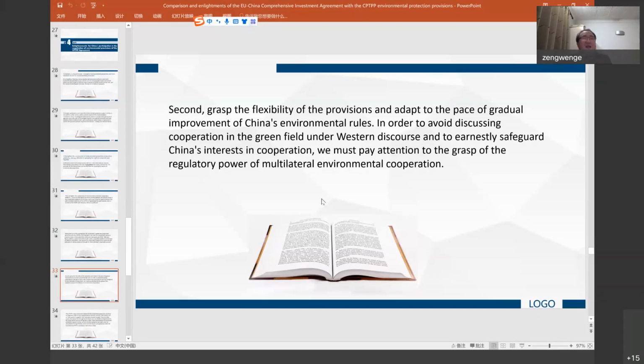Meanwhile, it has some flexibility about these environment articles, so we can use these flexible articles step by step. We may have some flexible times that are limited, so we can do that.